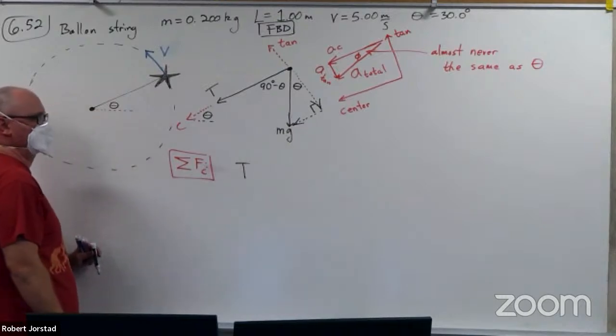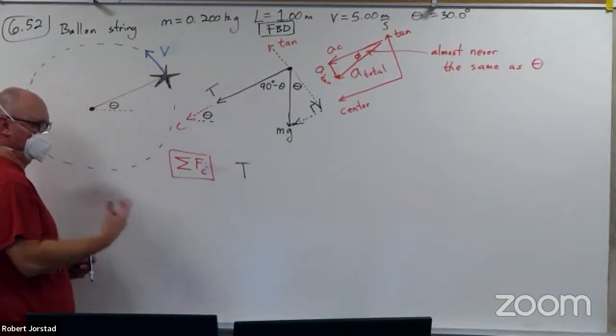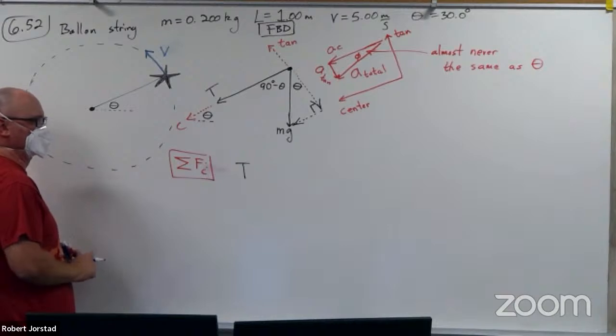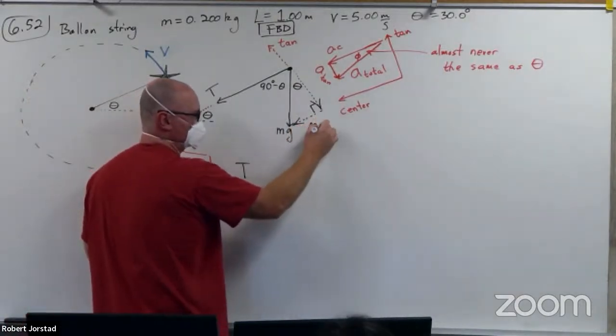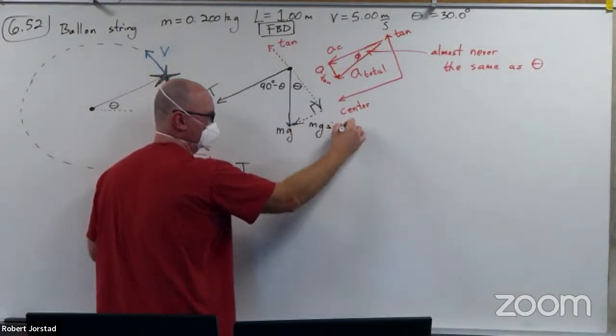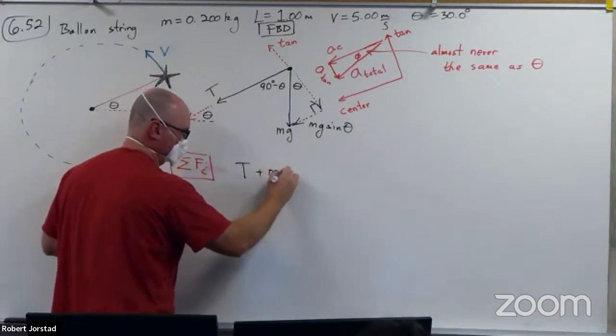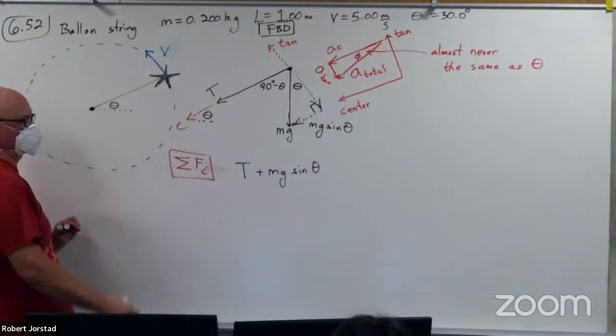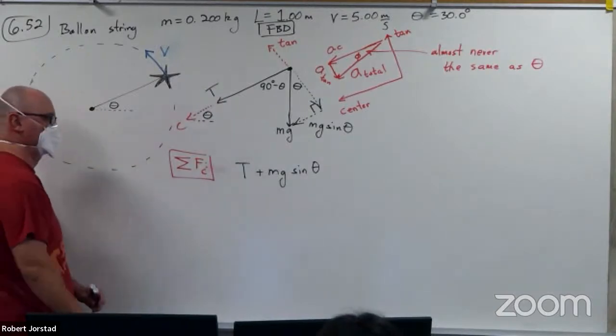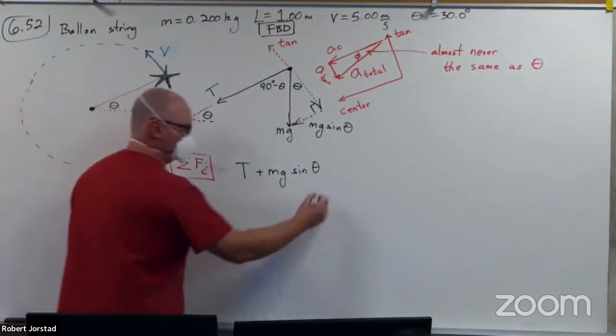Good. Somebody else. What's another force towards the center? Positive mg sine theta. Yeah, mg sine theta is also there. Do you see that? Nice. Good job. Are there any other forces towards the center? No. What is this equal to?